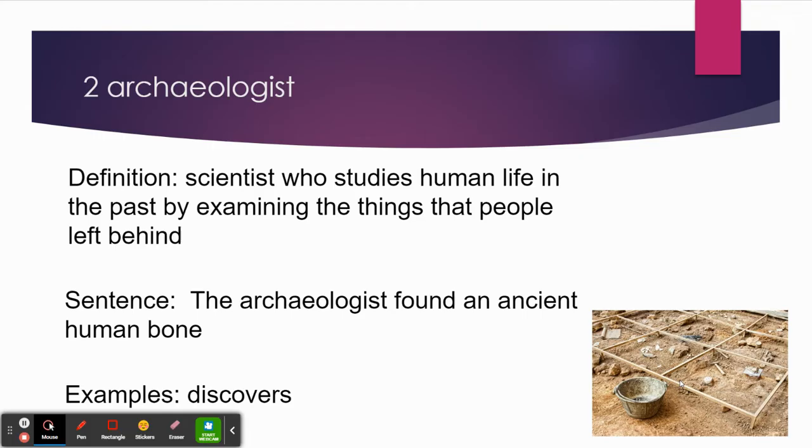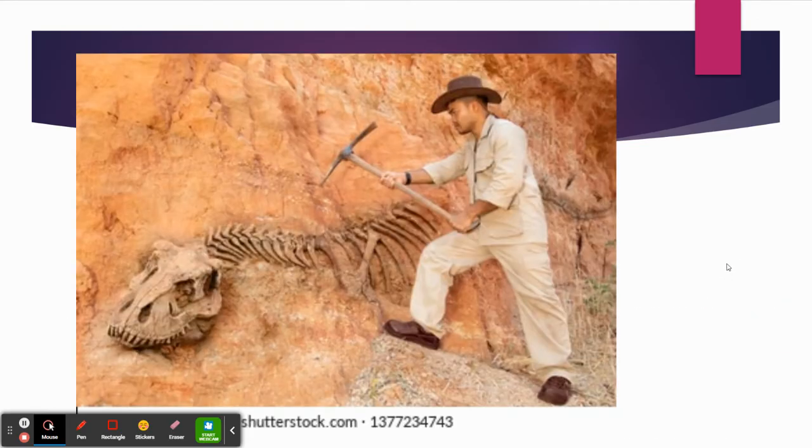In this picture, you will see an archaeological site where different scientists, archaeologists, are digging and finding ancient things that people left behind. Here you will see an archaeologist digging up a dinosaur skeleton, and this is an ancient dinosaur.